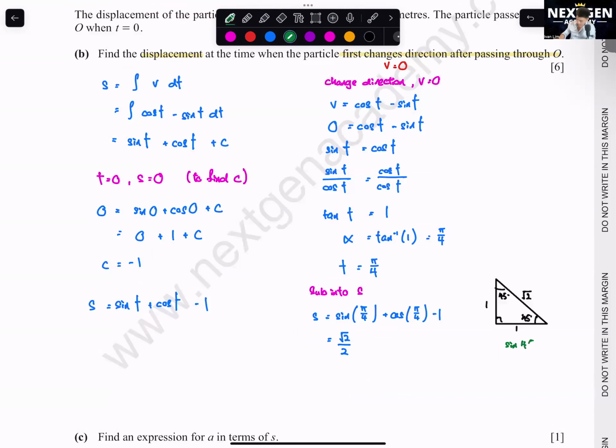Sine 45 is surd 2 over 2. When we rationalize it, cos 45 is 1 over surd 2, which is also surd 2 over 2. So surd 2 over 2 plus surd 2 over 2 minus 1. Half plus half will be equal to 1, so this will be surd 2 minus 1.